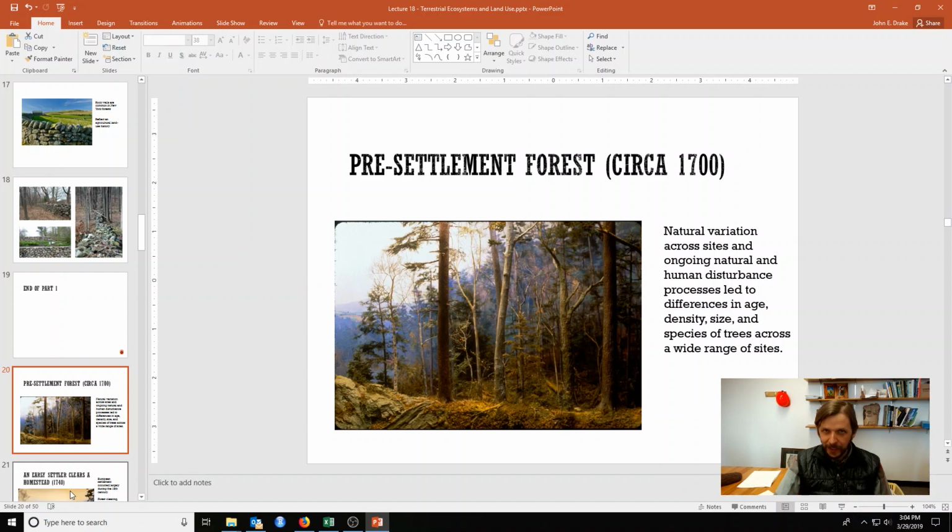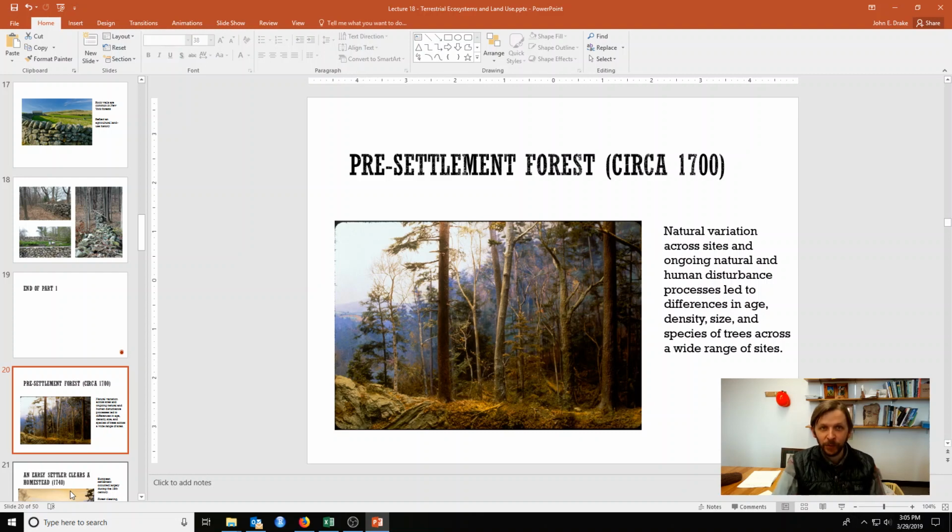And so recognizing the impact of Native peoples, we often conceptualize the forests before their arrival as being subject to ongoing natural and human disturbances, but to exist in a wide variety of different age, density, and size classes of different forests that existed, with a wide range of different tree species.